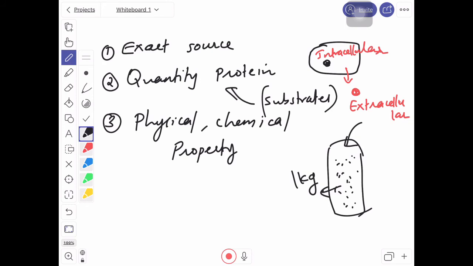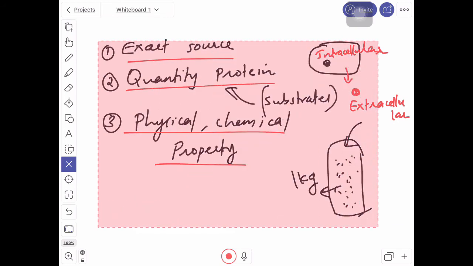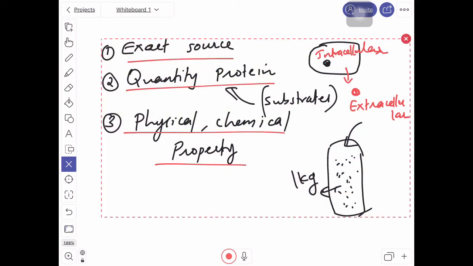Suppose the proteins are hydrophobic, you can utilize some of the separation techniques which exploit the hydrophobic nature of that protein. So these are the 3 important factors that you should keep in your mind before designing any protein purification schemes.